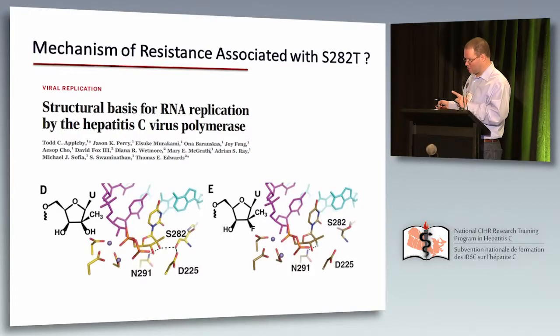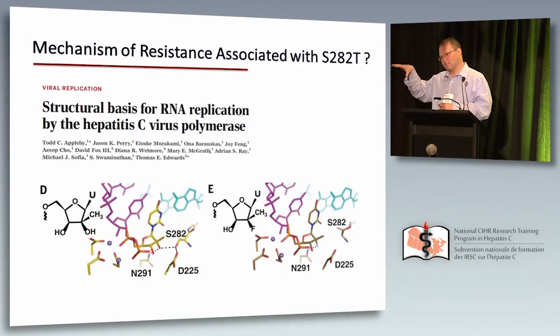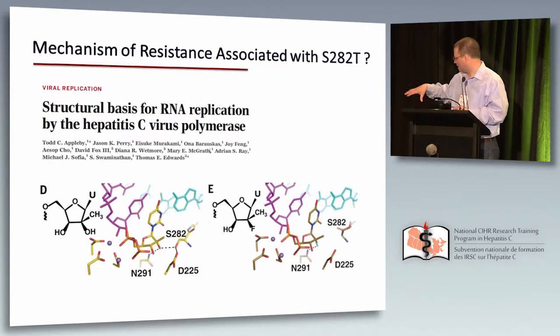So it's not the mutant that they crystallized, right? But you can envision that the mutant, if there is an additional methyl group here with threonine, that there could be a steric clash also with the natural nucleotide, and that may prevent binding and/or incorporation of the natural nucleotide as well. So there's a little bit of a fitness penalty, because that resistance-conferring mutation is in close proximity to the active site.